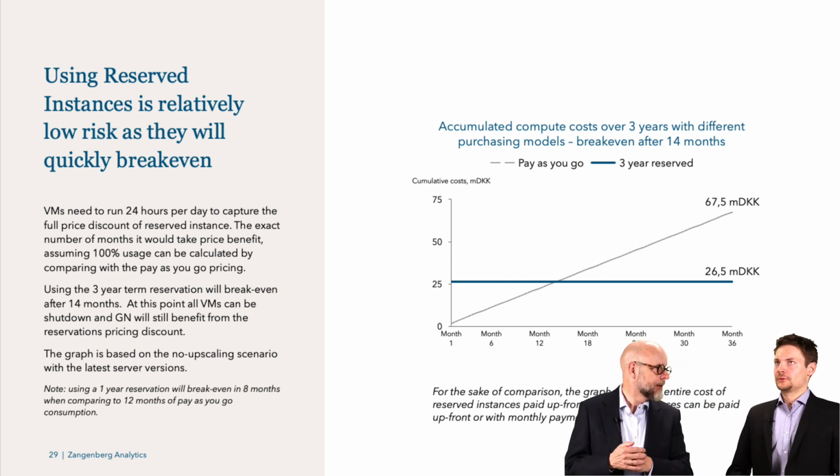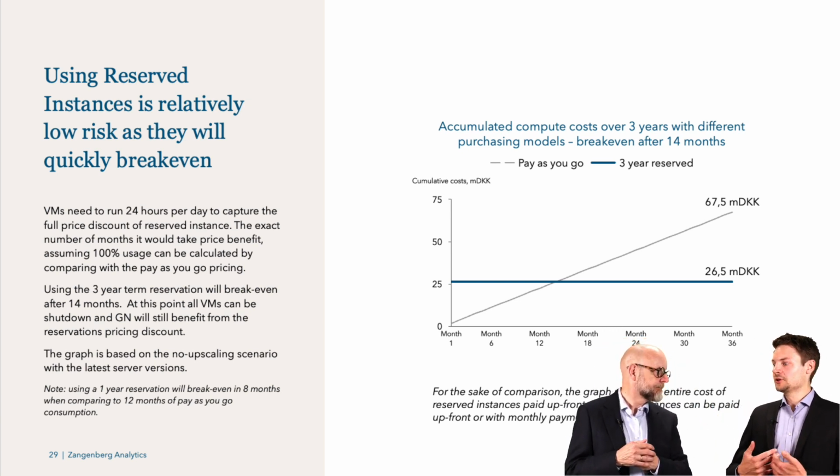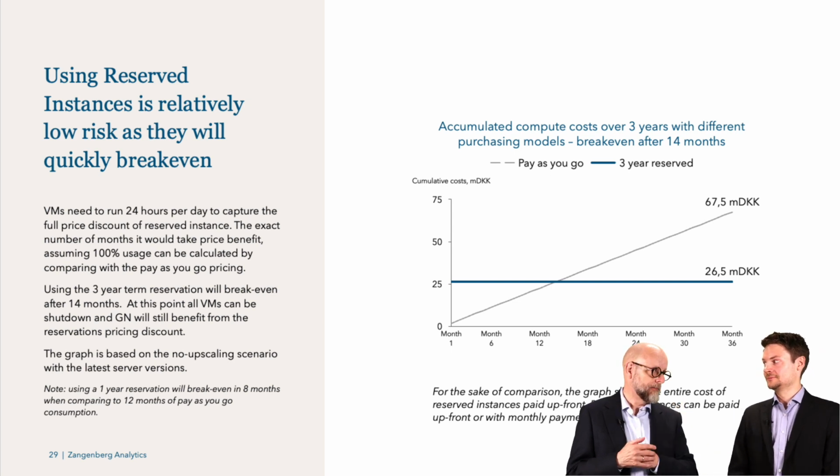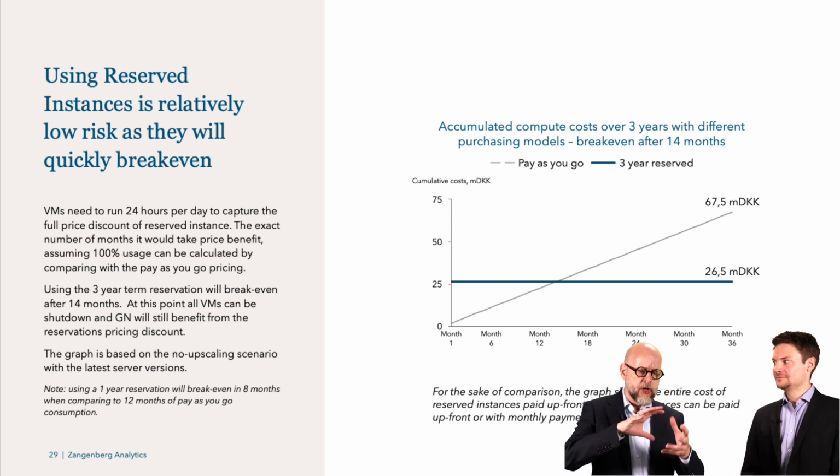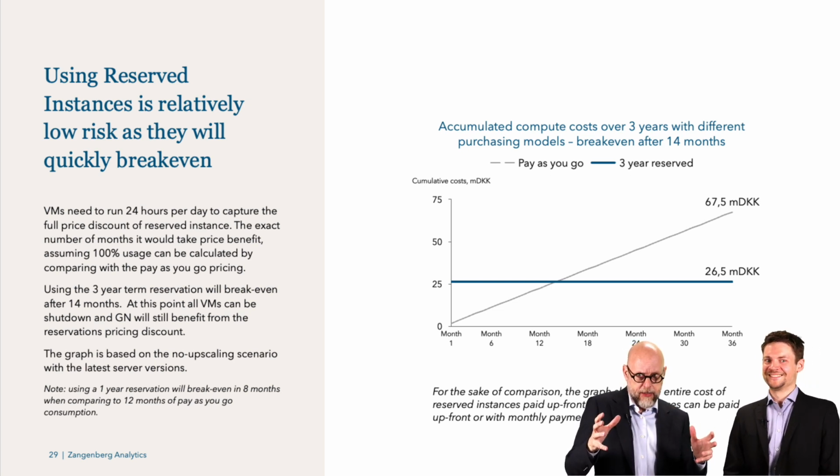Yeah, but also the other way around: if the users increase and need additional capacity, then you have this reserved instance that all of a sudden is unutilized because you need to move the application to a different server.